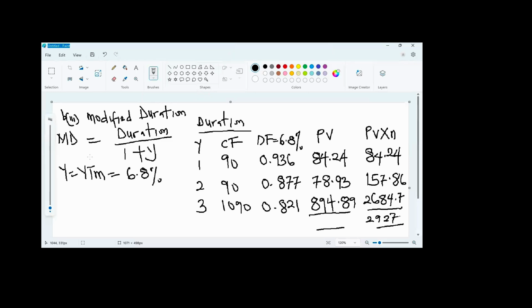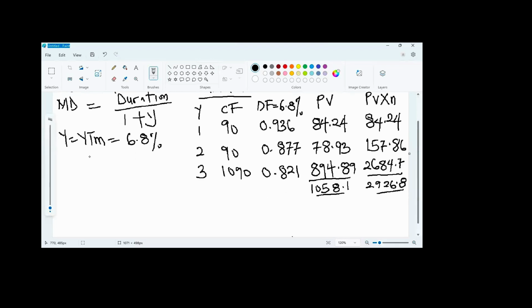The sum of present value multiplied by N is 2926.8. Next, the sum of present values is 1058.1. We can now get the duration.